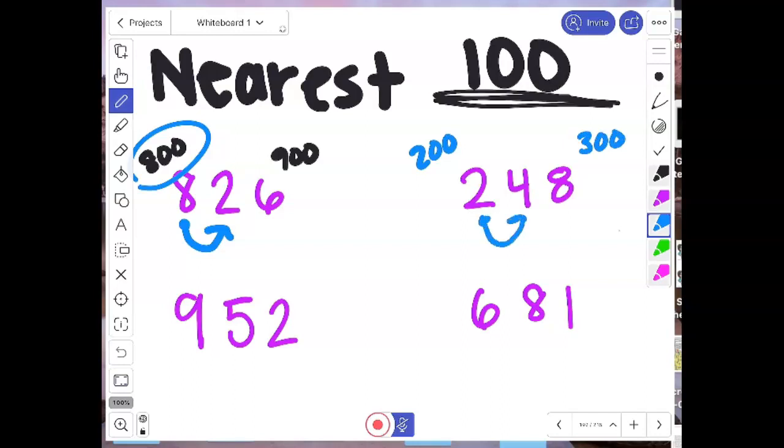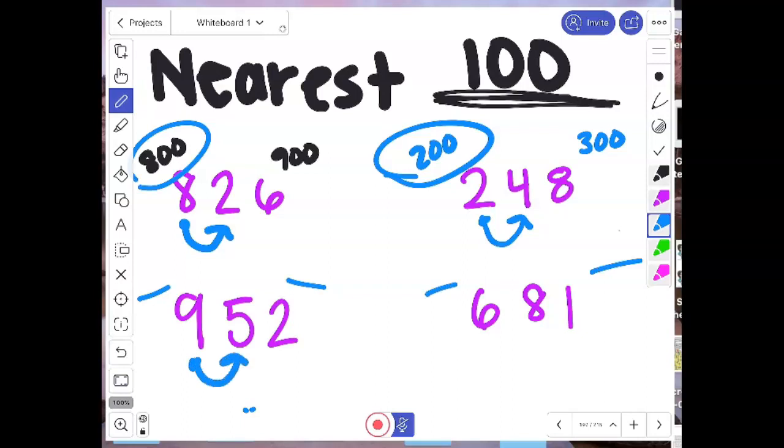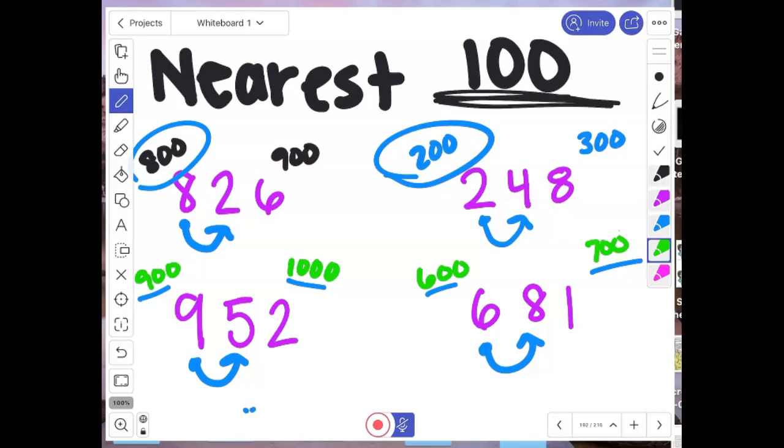Find the place, look next door. 4 is less than 5, so I round down. Okay, your turn. What 200s is it between? This one's tricky. Remember, we're going to find the place and look next door. Go. Okay, so I looked next door over here, and it's a 5, so I round that up to 1,000.